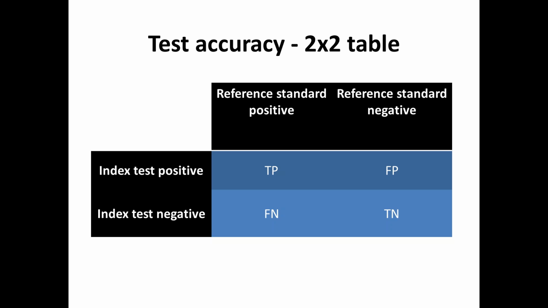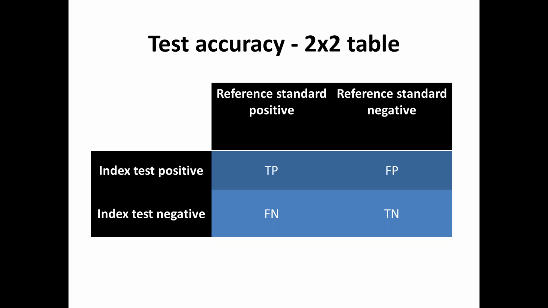In this 2x2 table, the columns are organized according to the results of our reference standard. So this is telling us whether people do or do not have the disease. Remember, the reference standard is our best way of ascertaining whether people do or do not have disease. So here we've divided them into positives and negatives. So you could call them diseased and not diseased.